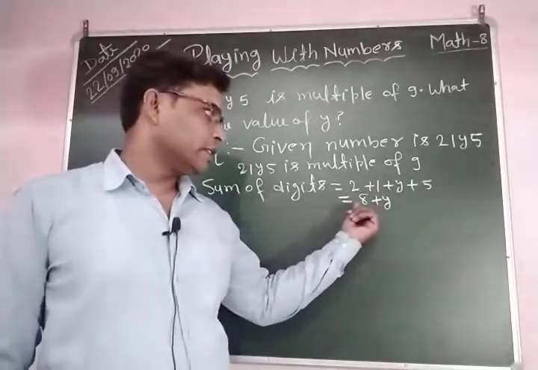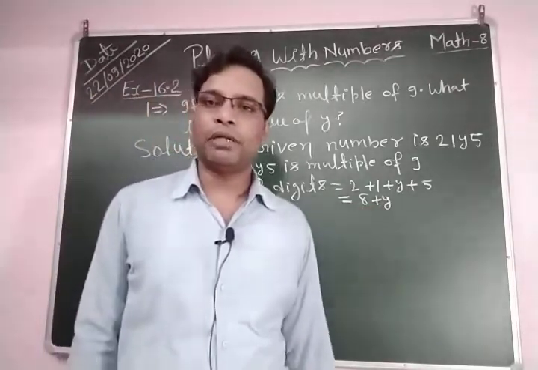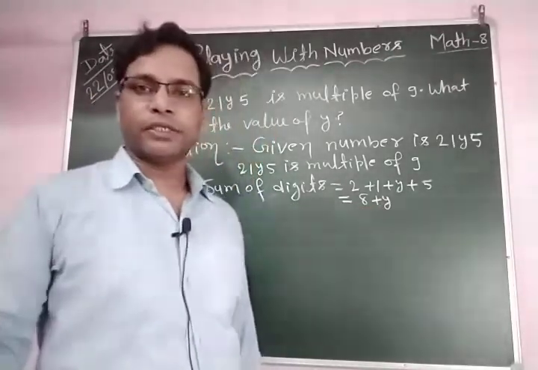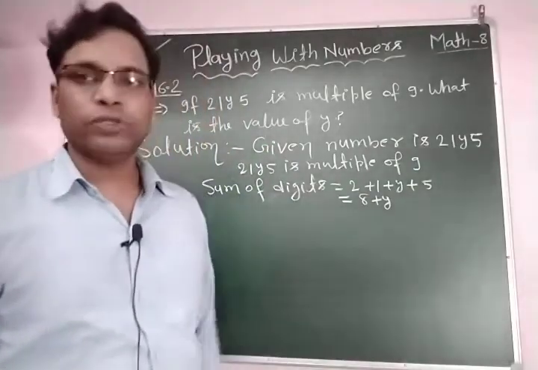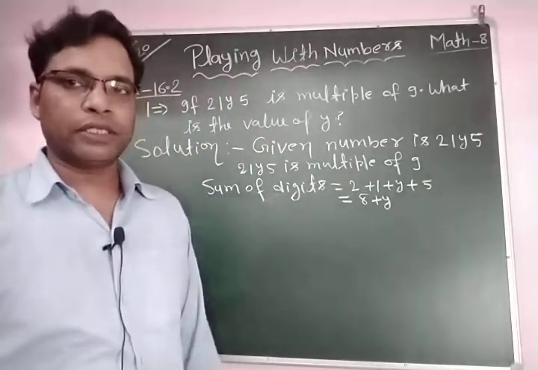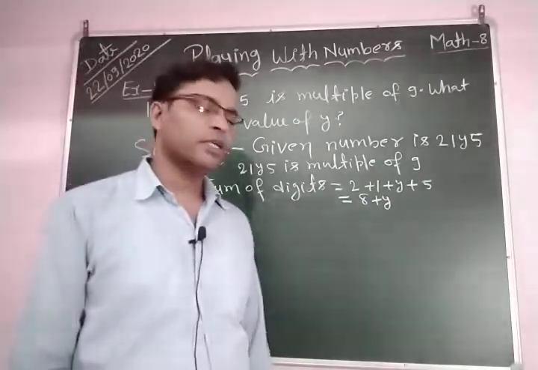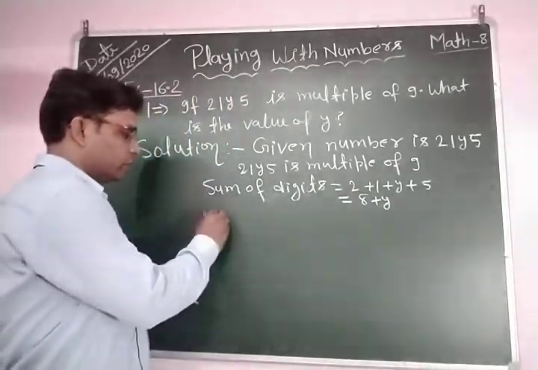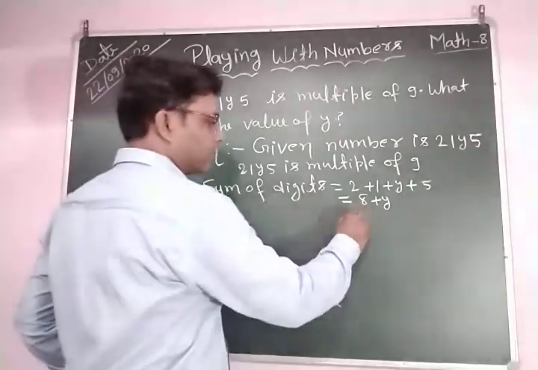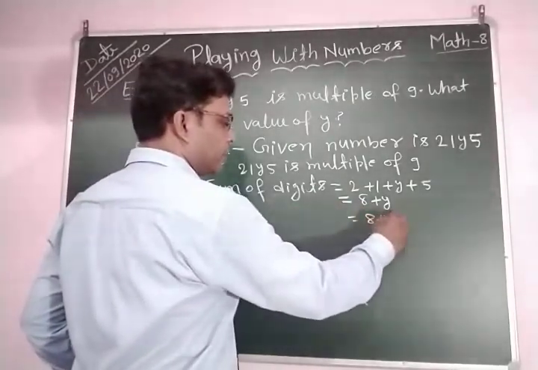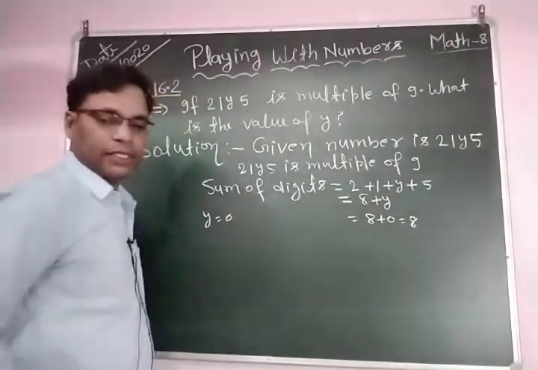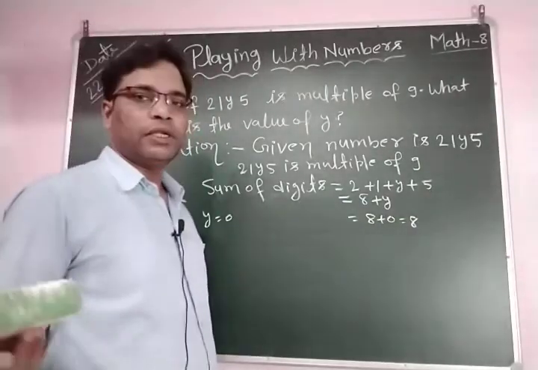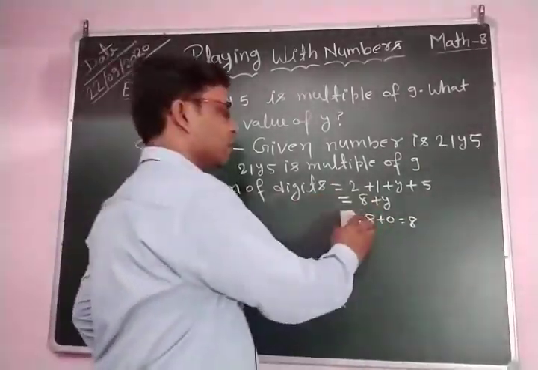If we put a value here, then this becomes a multiple of 9. If we take y equal to 0, it becomes 8 plus 0, or 8. So 8 is not divisible by 9. So y equal to 0 is wrong.